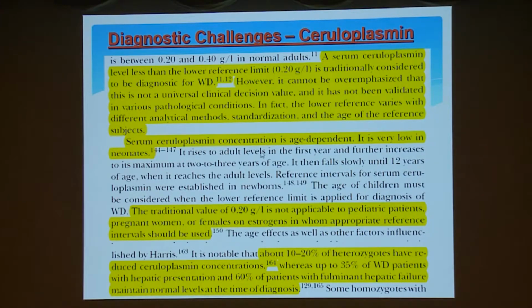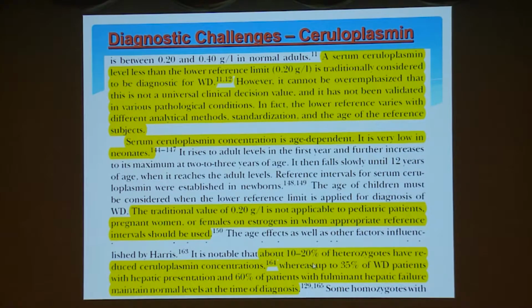Ceruloplasmin itself is age dependent. It can be very low in neonates, then gradually rises in the first few years and stays steady until we enter adulthood. So we cannot apply the 0.20 gram per liter to pediatric patients, women on estrogen, or pregnant women.